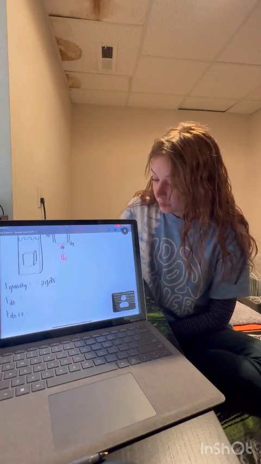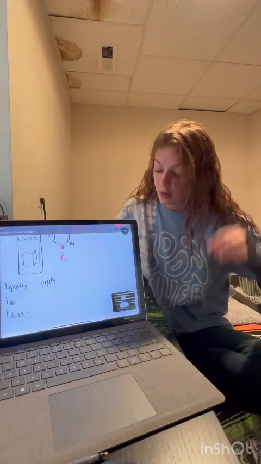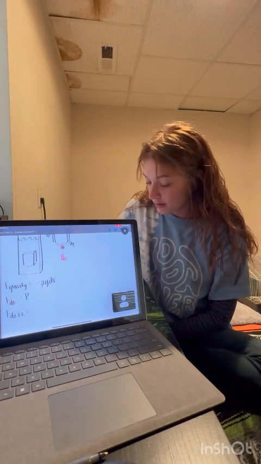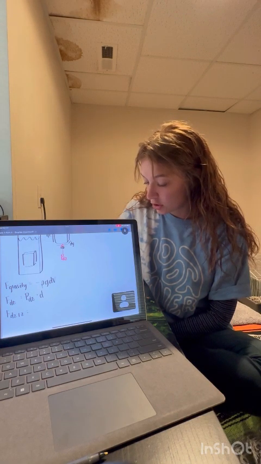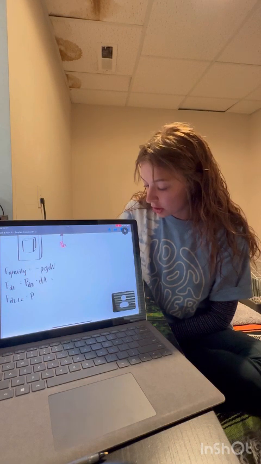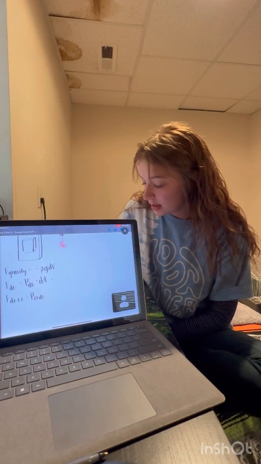For our force at the bottom of the box, we will do the pressure of z times the differential area. For the force at the top of the box, it will be the pressure of z plus dz times dA.